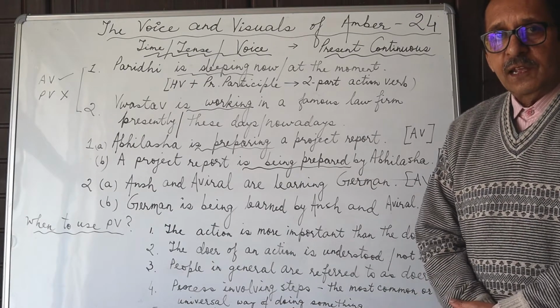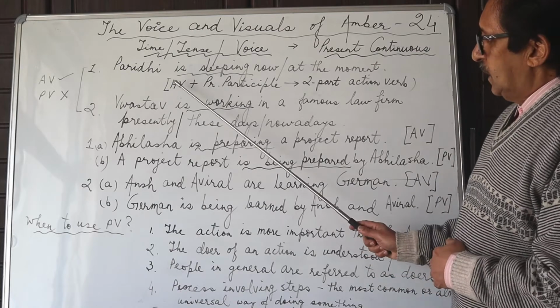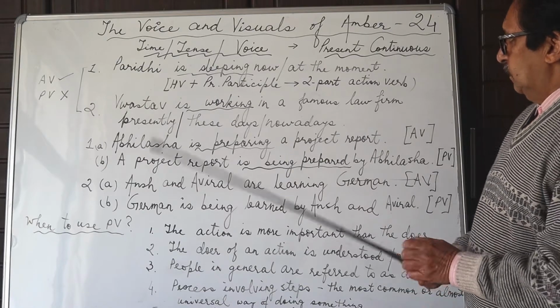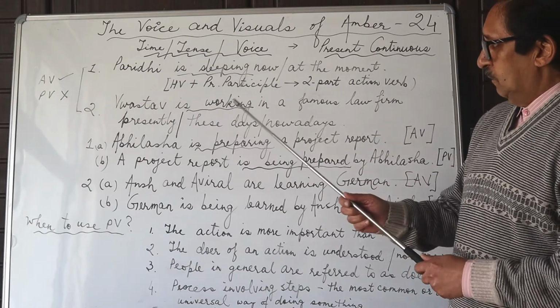The action word plus ing is the present participle. And together, the helping verb is plus the present participle, they make what is called the two-part action verb.